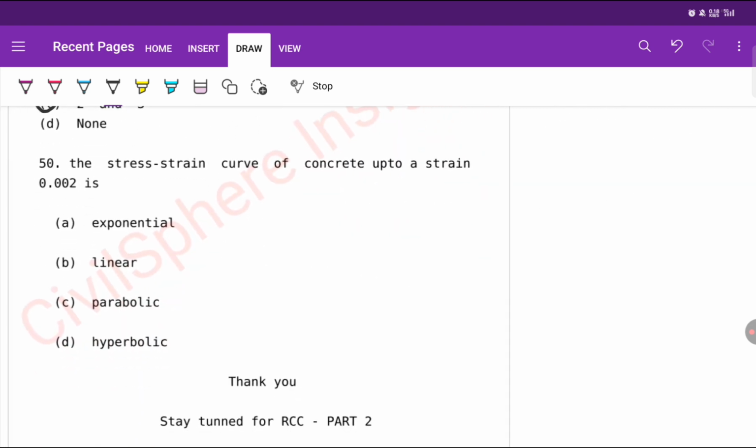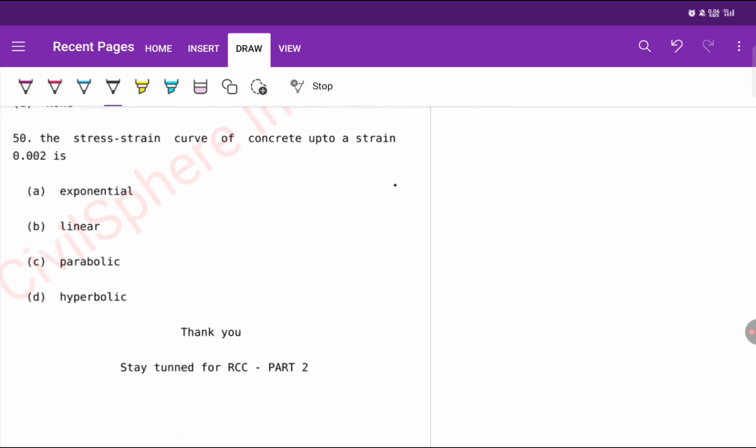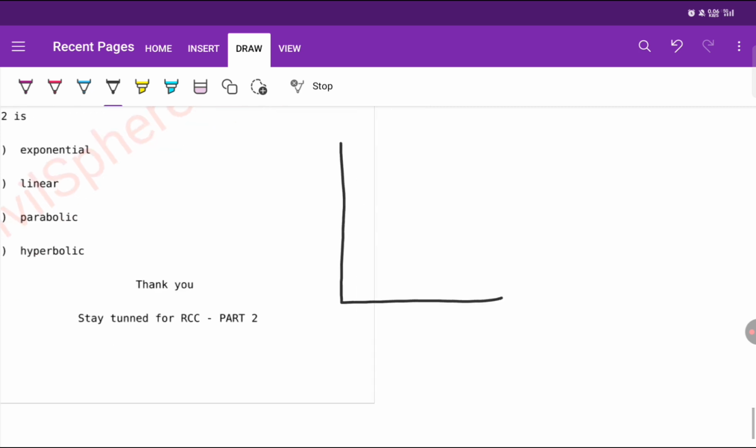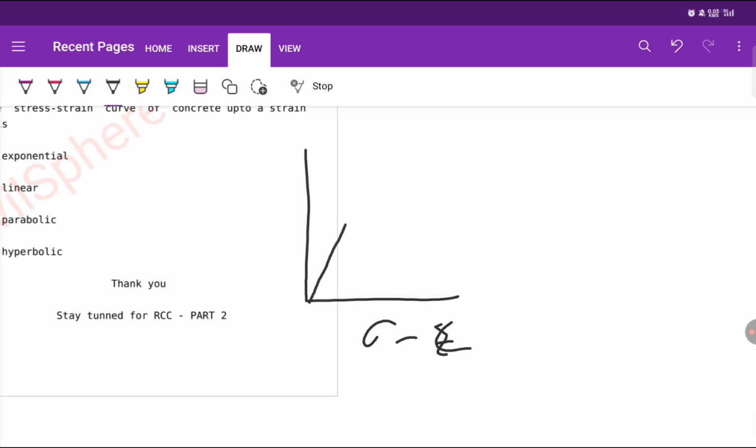Fifth question, the stress strain curve for concrete up to a strain 0.002. If we draw the stress strain curve of concrete, then this is our stress strain curve.